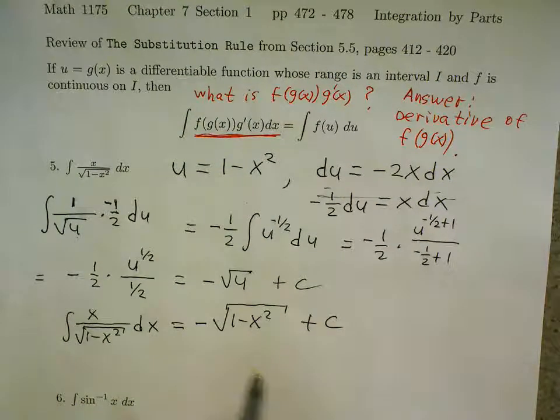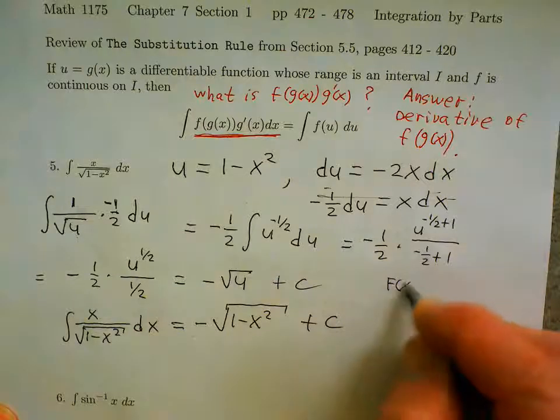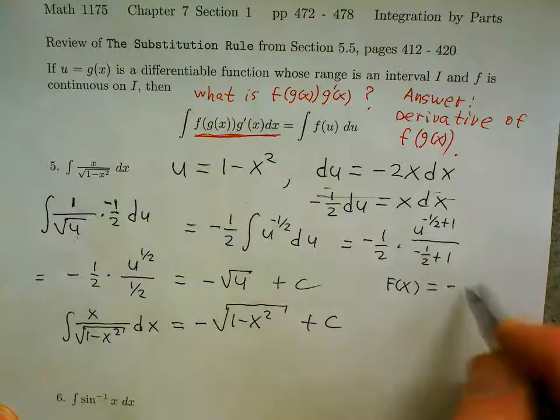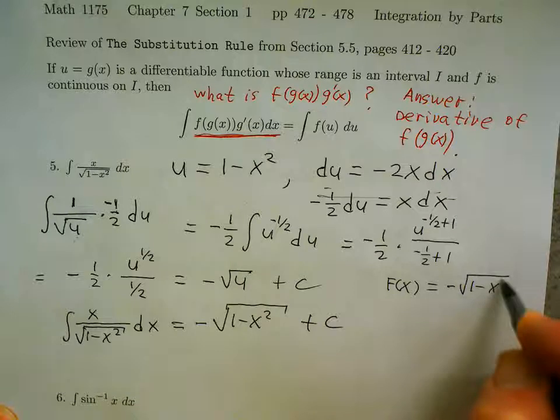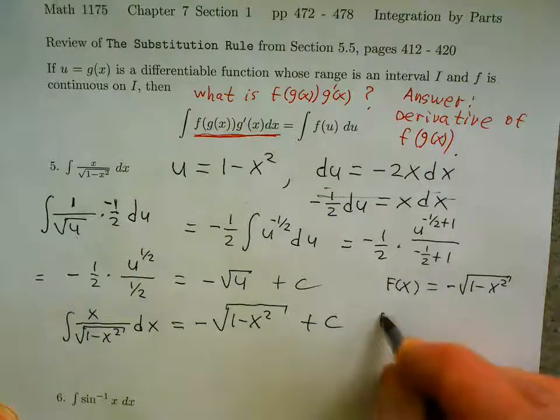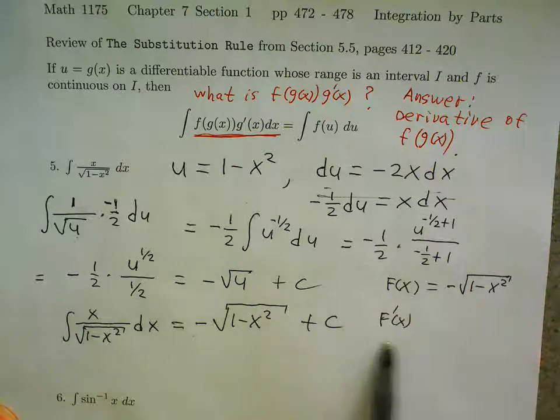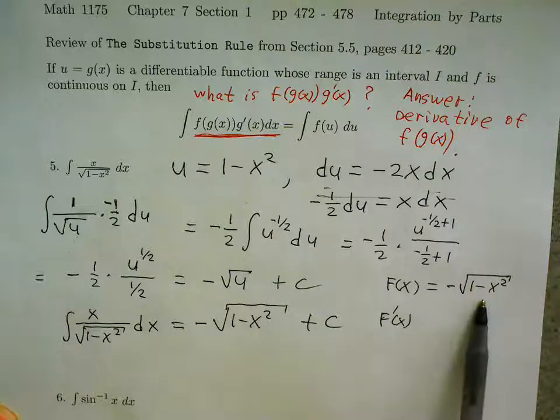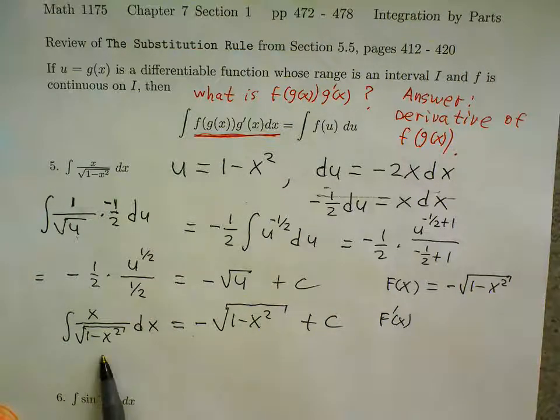If you're ever in doubt about the indefinite integral that you came up with, how can you verify that it's correct or not? So if I assign capital F of x to be just negative square root of 1 minus x squared, and then find the derivative, if this is the correct antiderivative, then the derivative is equal to that integrand.